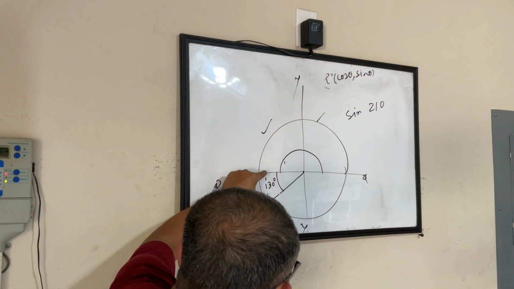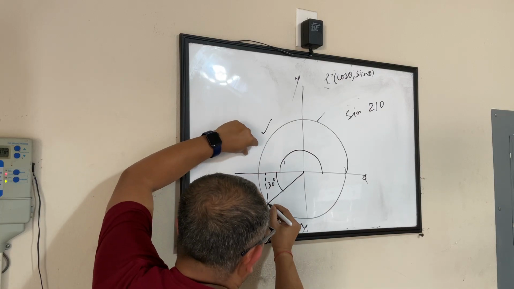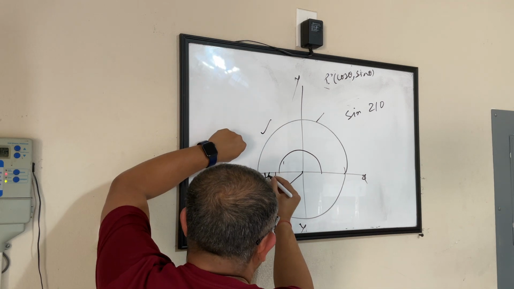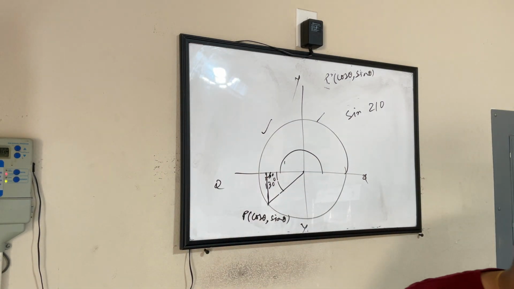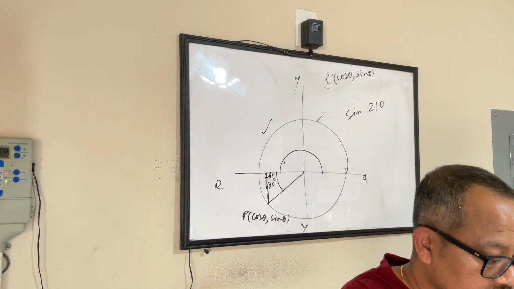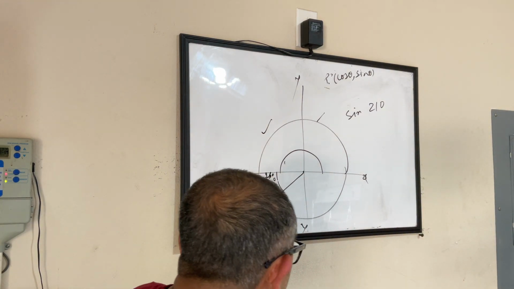So let's say we are in this quadrant. Here, my right angle triangle, if from this point I drop a perpendicular here, this is 90 degree. This is my right angle triangle which is upside down.